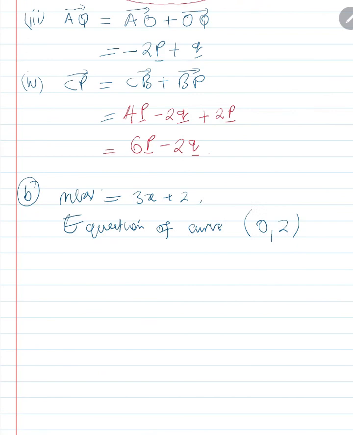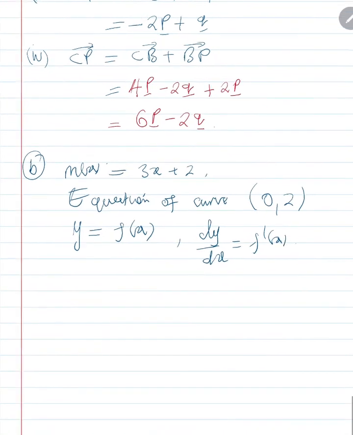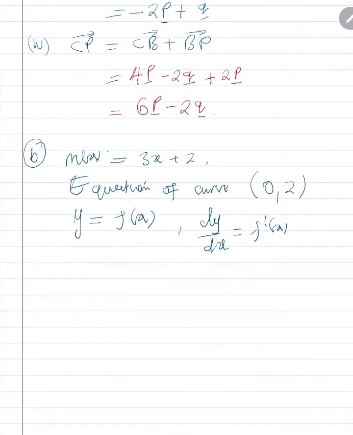So for a function y equal to f of x, to find its gradient we said dy/dx is equal to f prime of x. But in this case, we have been told m(x), the gradient equation, is given by dy/dx, the derivative of y with respect to x, which is equal to 3x plus 2.